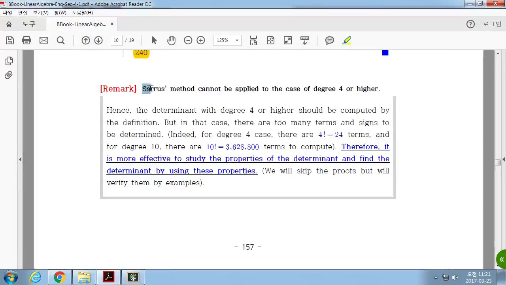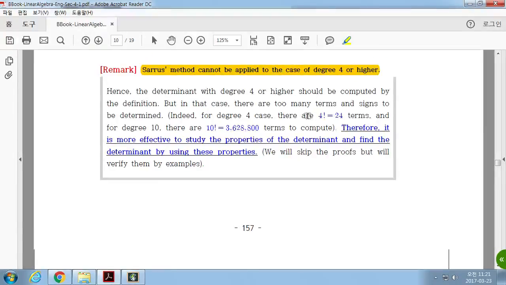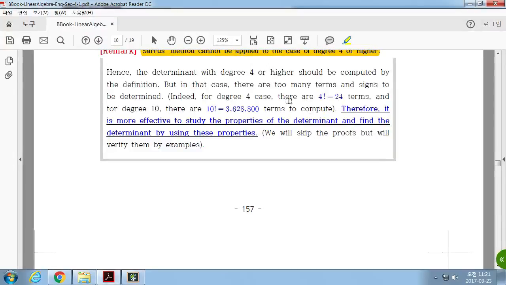Here, the remark: Sarrus's method cannot be applied to the case of degree 4 or higher, because for a 4 by 4 matrix, even if you expand it, you cannot have 12 positive lines and another 12 negative lines from those figures.